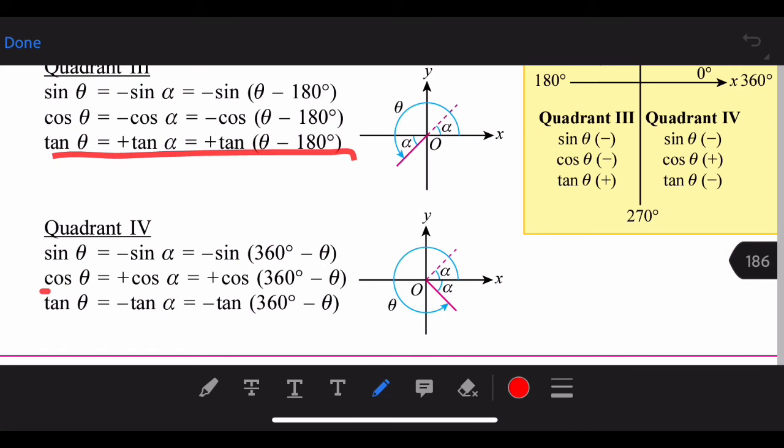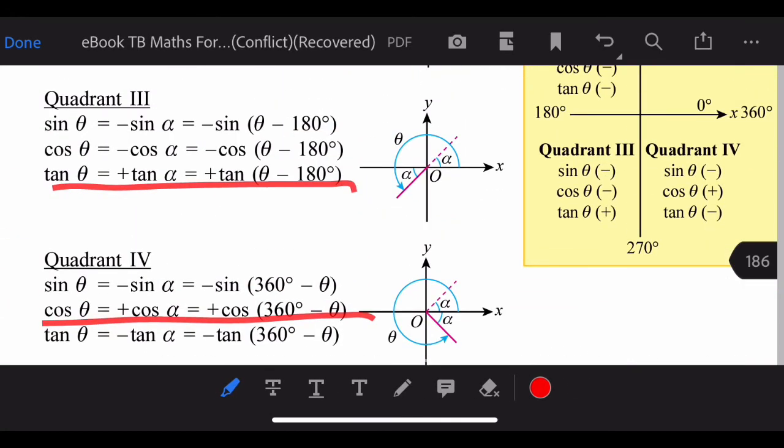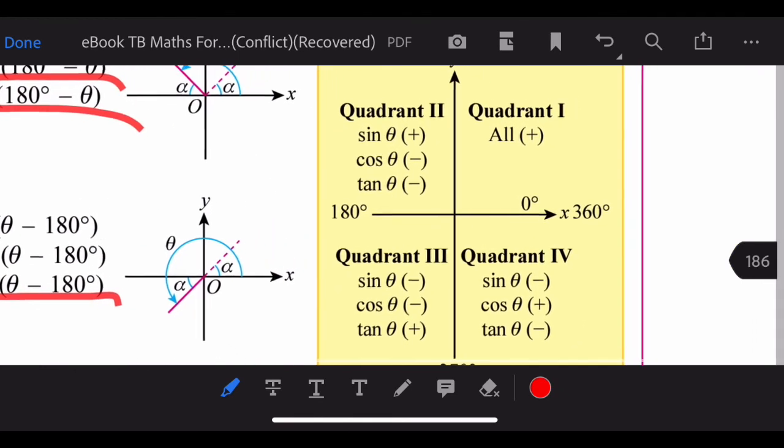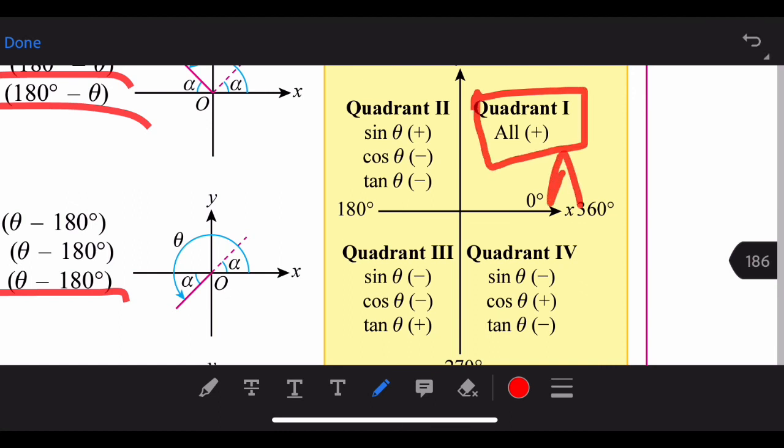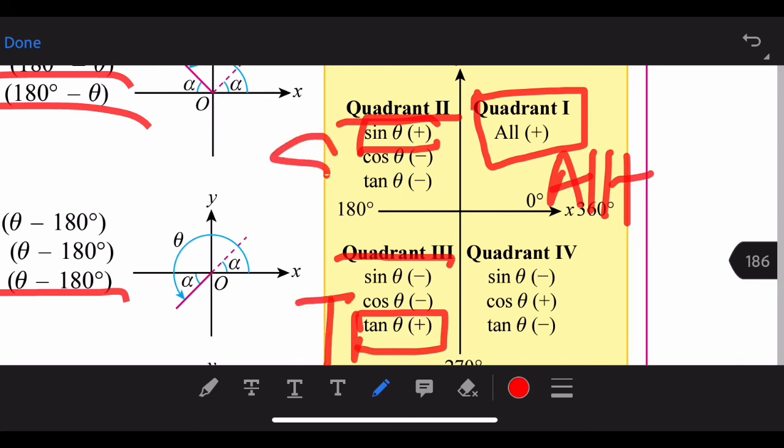For fourth quadrant, cos will be positive, the rest will be negative. So we come up with a conclusion that for the first quadrant all will be positive, for the second quadrant only sine will be positive, for the third quadrant only tangent will be positive, and for the fourth quadrant only cosine will be positive.